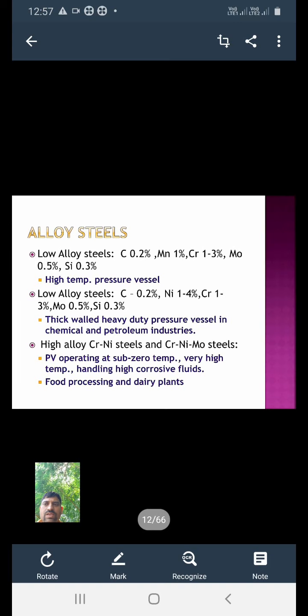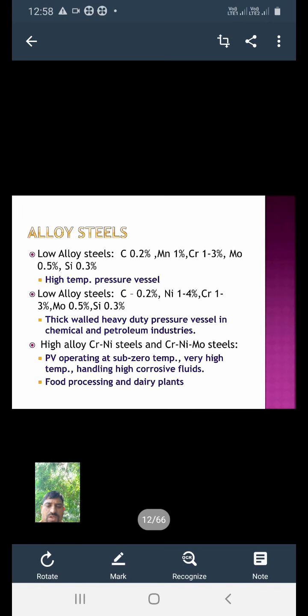Then the second type is high alloy chromium nickel steel and chromium nickel molybdenum steel. Remember that these are for pressure vessels operating at sub-zero temperature or at very high temperature, or handling highly corrosive fluid.